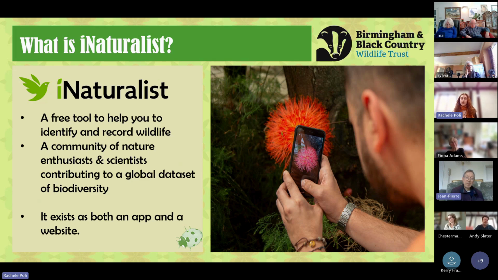The app is useful for on-the-go records and identifications, whereas the website is helpful if you're taking lots of photos in bulk, for example, on a camera, and you want to upload them later. And it's a good way of exploring other people's observations as well on iNaturalist.